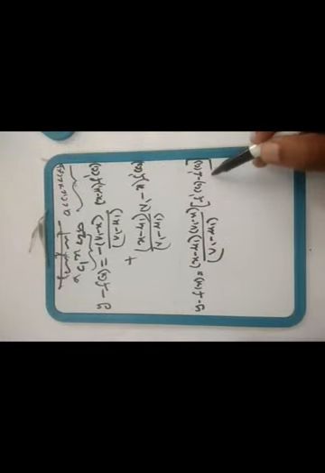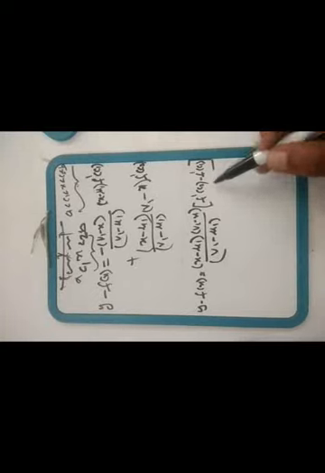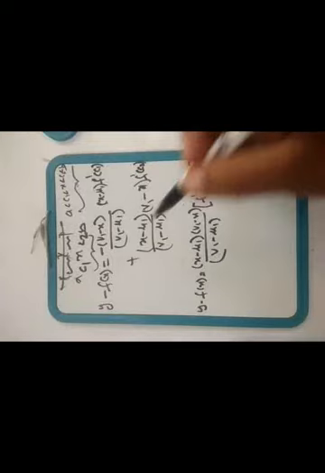For this derivative, we can apply LMVT. Because f is twice differentiable, the first derivative is continuous on the closed interval c1 to c2, and differentiable throughout the open interval.